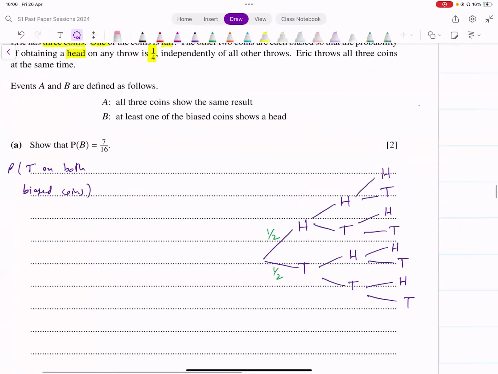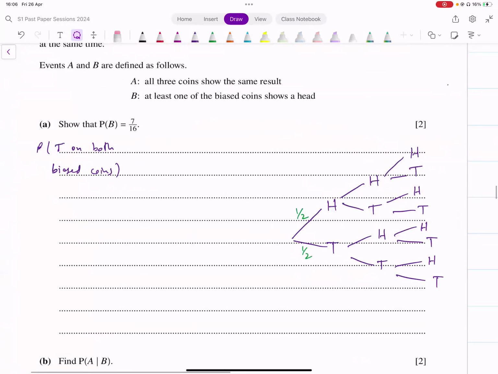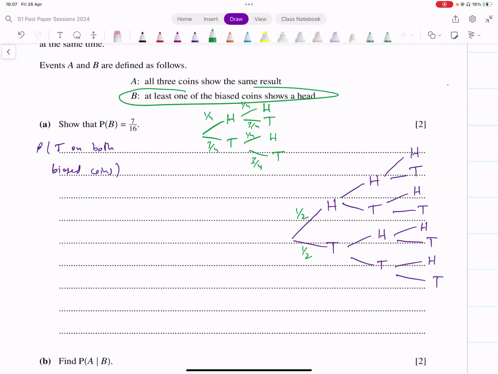But in the first part, we're just talking about biased coins. So we could also just think of biased coins for now. These are the only 4 cases that we've got for biased coins. In that case, this is 1/4, this is 3/4, this is 1/4, this is 3/4, 1/4, 3/4. Okay, just think of the biased coin for now, because that's what we're talking about in event B.